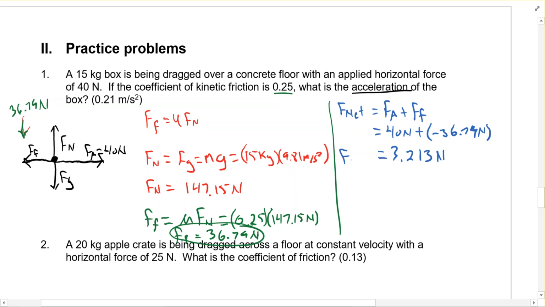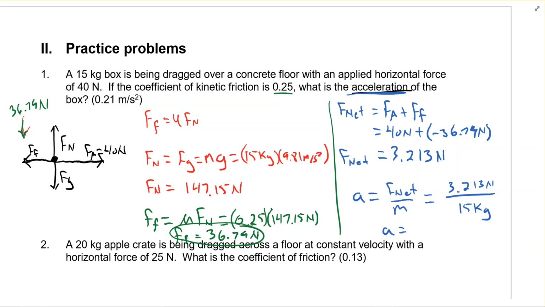Okay, so that's the force responsible for this acceleration that it wants us to find, right? That's the net force. So now the last thing we got to do is just say acceleration is equal to F net over mass. So that's going to be 3.213 newtons divided by our mass, which was 15 kilograms. So the acceleration is 0.21 meters per second squared.